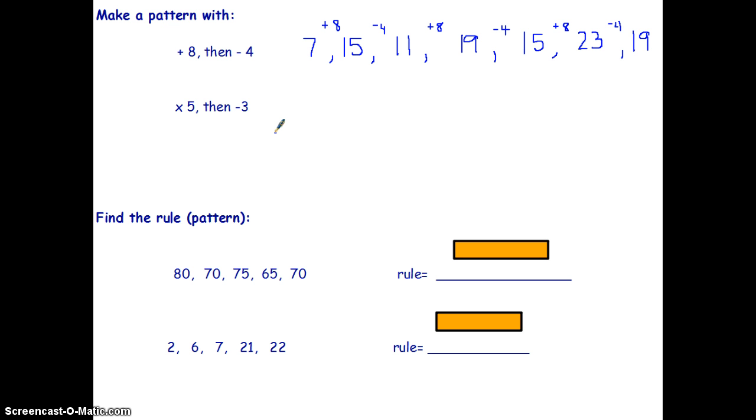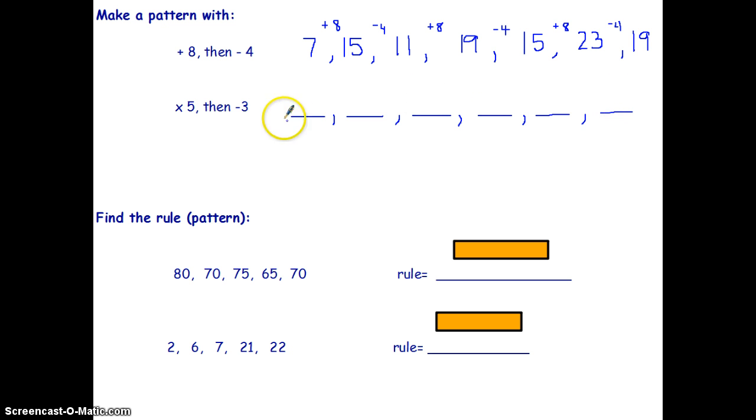So let me say that again. After you finish watching the video, one of the questions you'll have for your assignment is to create a pattern. You can have any starting number. I chose 7, but you can choose what to start with. Choose a number. That'll be right here. Then come up with the next 5 numbers that follow the rule times 5 minus 3.